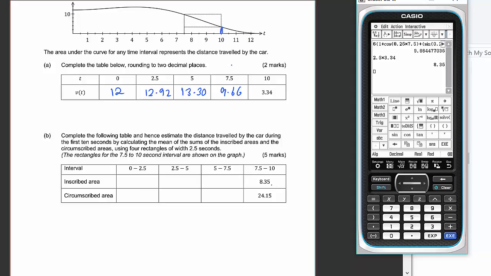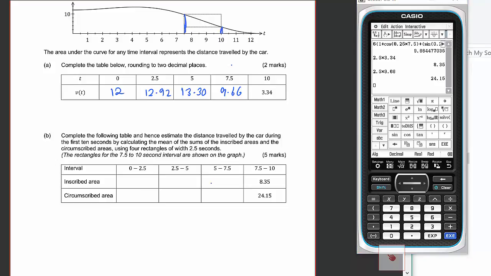And then here for the circumscribed, I think they're using this rectangle, so they're using the height at 7.5, so 2.5 multiplied by 9.66 gives us 24.15.